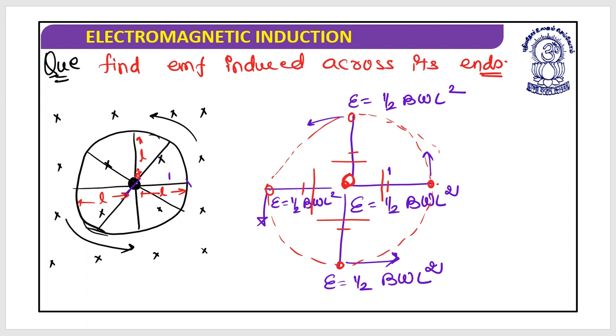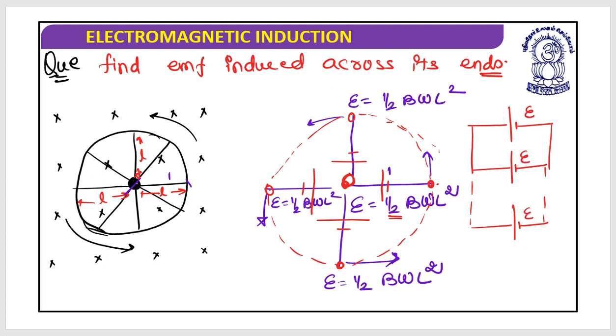These are all a parallel combination, having the same potential difference, and it is independent of the number of the spokes.